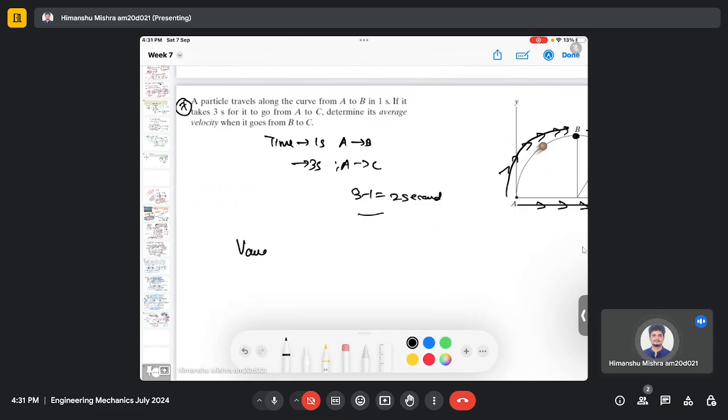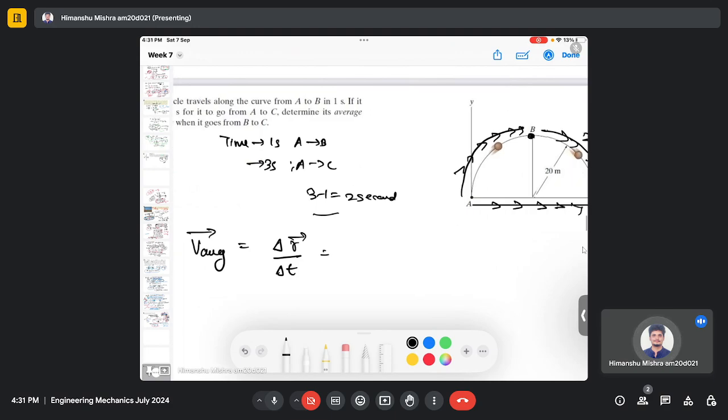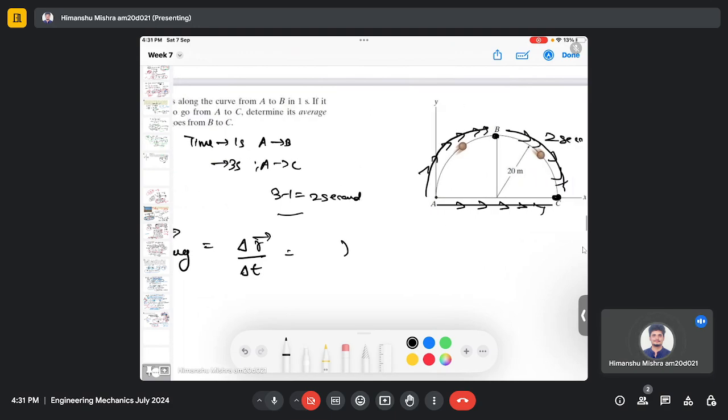So my average velocity, which is a vector quantity, can be given as the rate of change of displacement in time, and my displacement vector I can give as r_AC minus r_AB, divided by delta t, right?